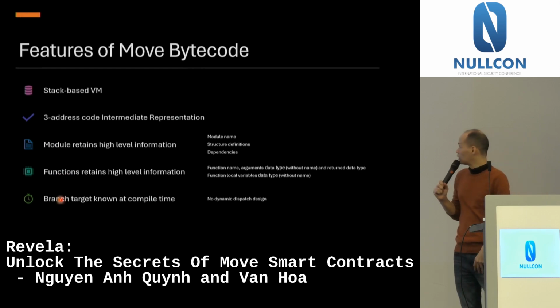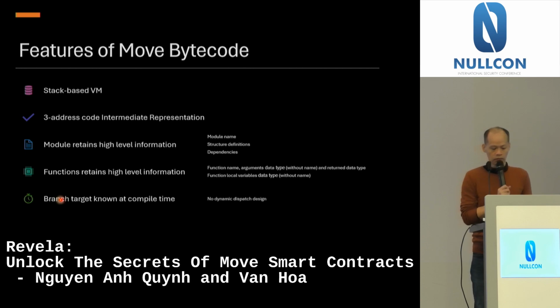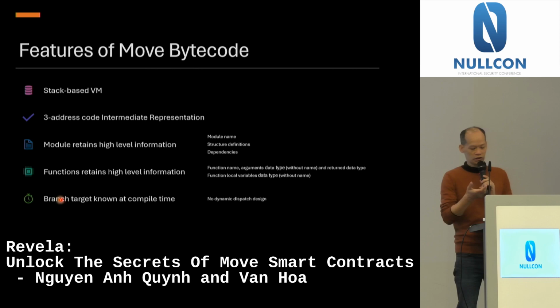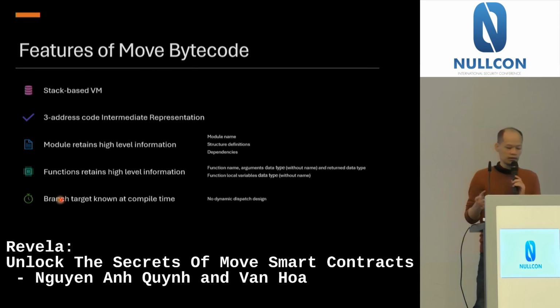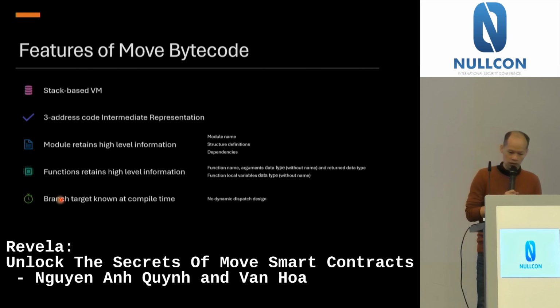So Move bytecode has some very interesting features. First, Move bytecode is based on a stack design. And second, it uses a three-address code intermediate representation. So let's say each Move instruction has 2 inputs, and we do some calculation and write the result to the third output.